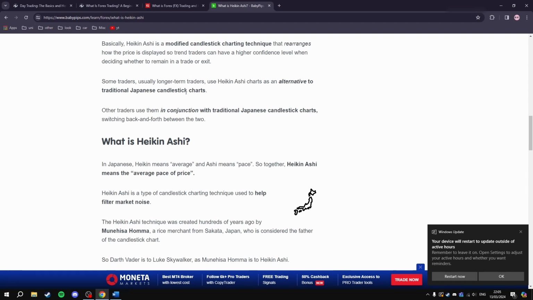Some traders, usually long-term traders, use Heikin Ashi charts as an alternative to traditional Japanese candlestick charts.